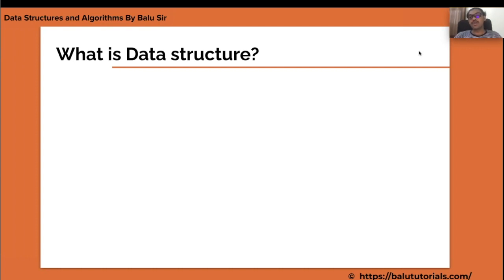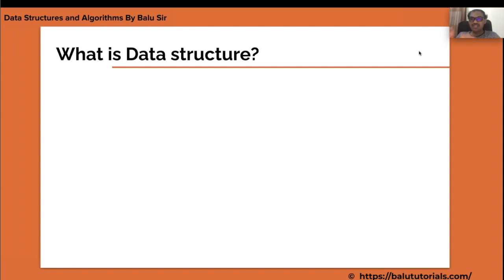How you represent your data in memory is all about the data structure. First point, data structure is not a programming language. Data structure is not about programming, and it is not about C or C++ or something. Data structure is about the representation of data in the computer's memory.